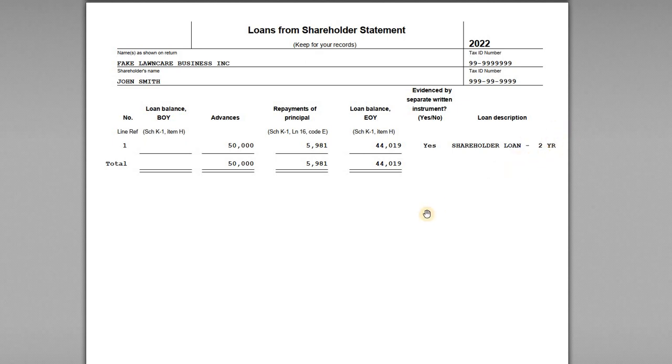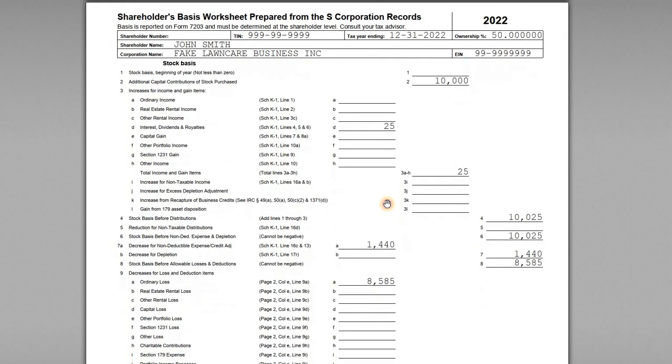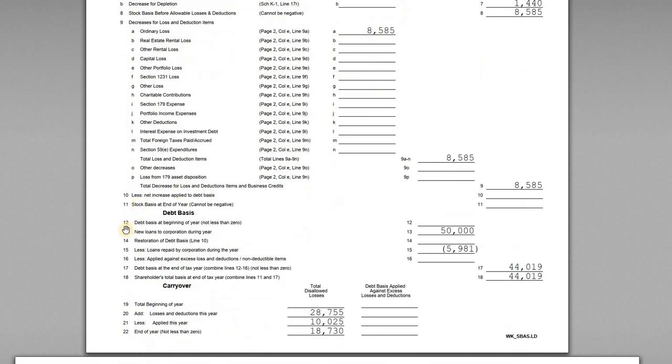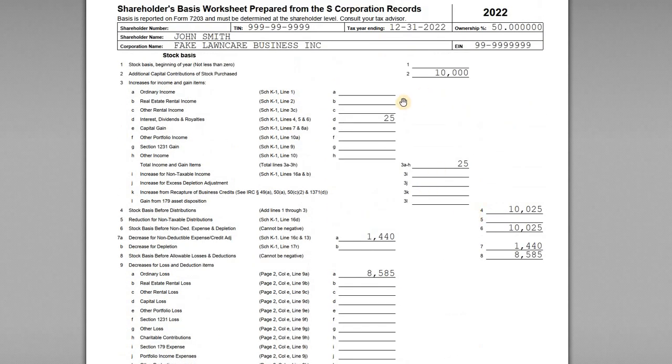Okay. Now, the basis worksheet provided by the S Corporation, very similar to what we saw in the first video, except now we're modifying it in that we have the debt basis element too. So this basis worksheet has stock basis and it has debt basis amounts down here with some carryover pieces. So if we look at the stock basis reconciliation for John, remember our stock basis is increased by capital contributions during the year.